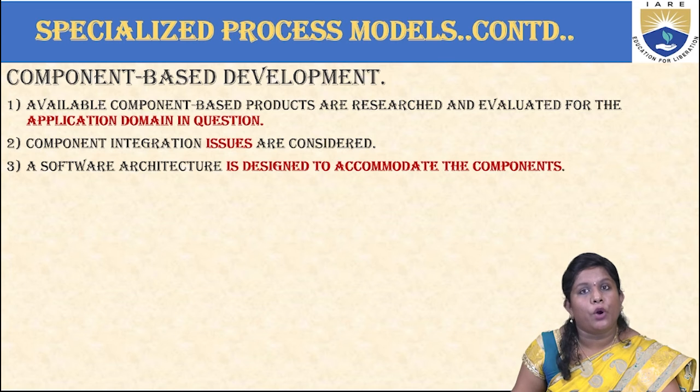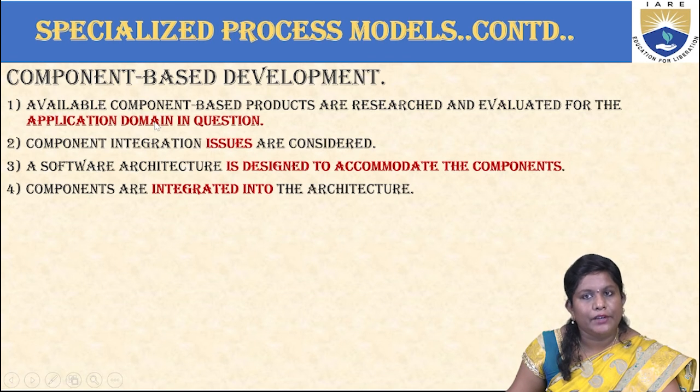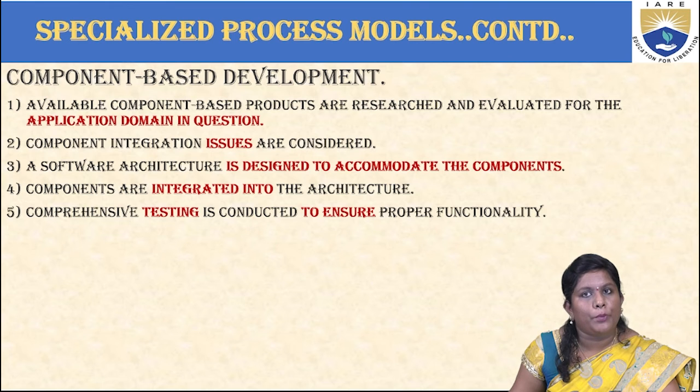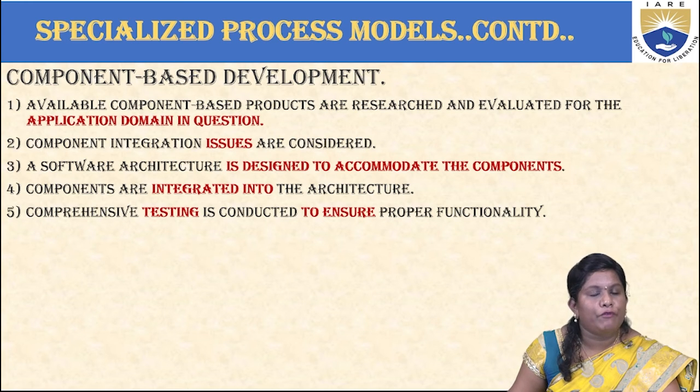And then how are you trying to accommodate whatever you have stated? And then trying to integrate them into an architecture, trying to combine them, then testing and ensuring their functionality. So this is about component-based development, that is trying to know about the domain of the particular application, knowing the issues, how they can be designed, how they can form an architecture, and how you test them.